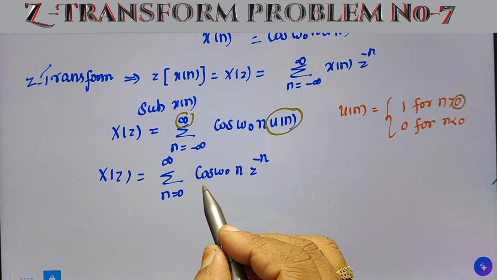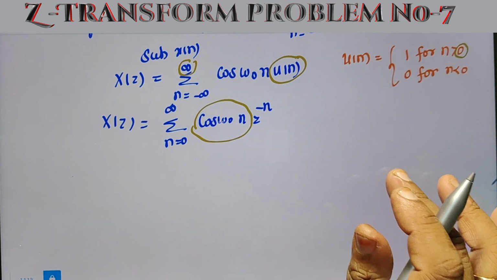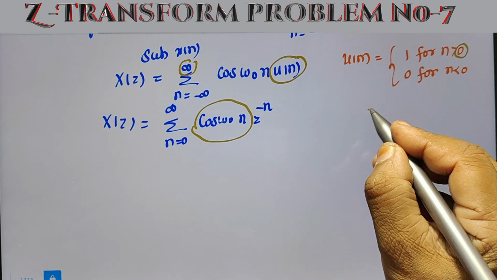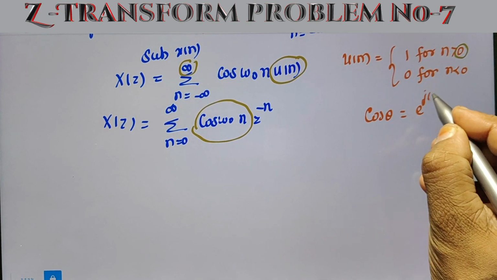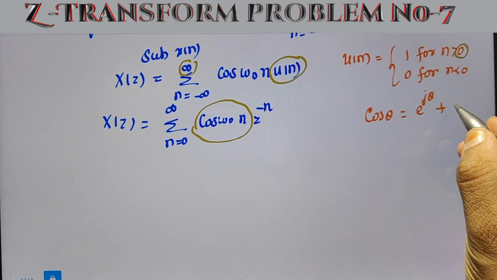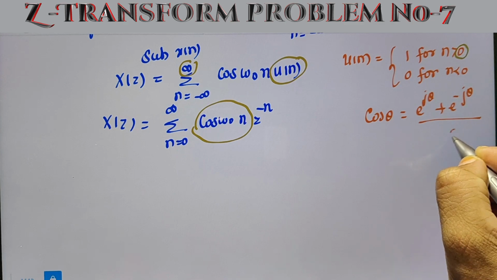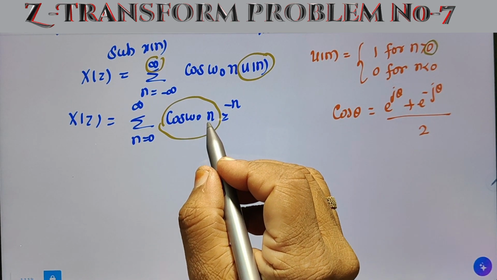The next line, substitute the cos term. We know for the cos term, cos theta equal to e power j theta plus e power minus j theta, the whole divided by 2. Likewise here, instead of theta we have omega naught n.